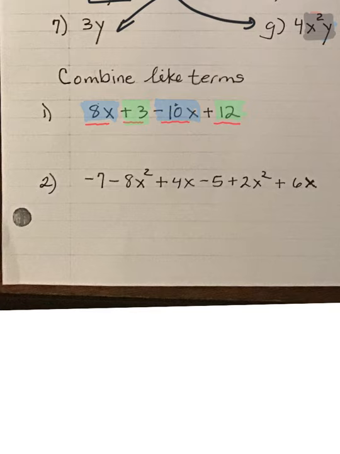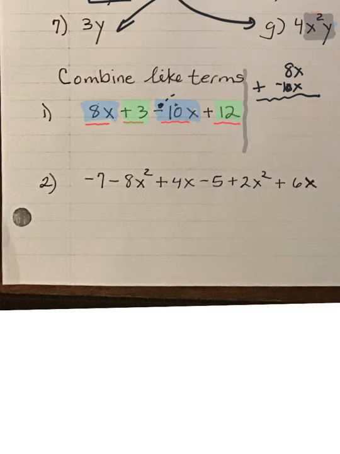So when you're combining them, you're basically adding the terms together using your integer skills. So I'm going to show the work off to the side here. So we have 8 x's, and we have, remember, a negative 10 x's, and we're going to add, because we're combining like terms. So that's just your integer skills.